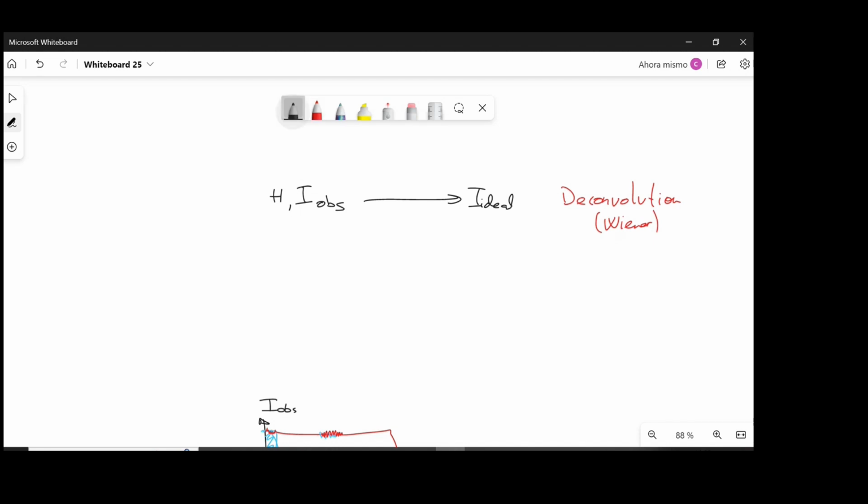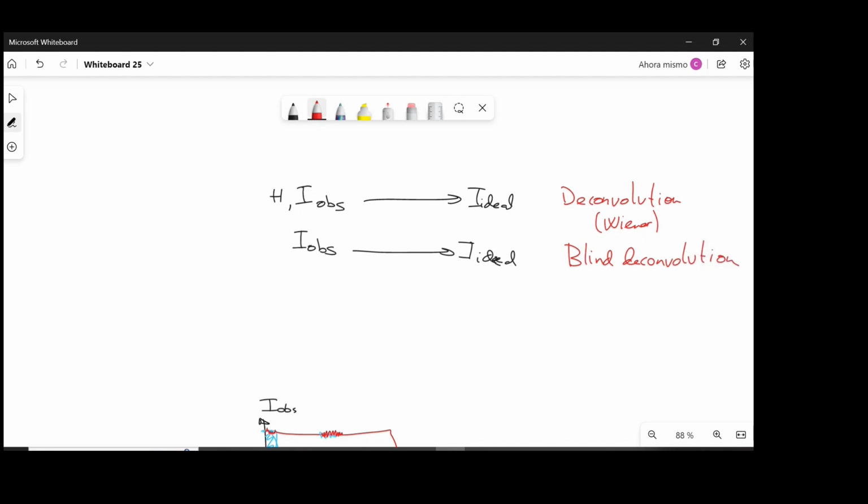Let's say that I don't have h. I just have the observation, and I want to get the original image. I know that there has been some convolution, but I don't know what the kernel was. This is called blind deconvolution. Maybe in some of your papers you get this name.